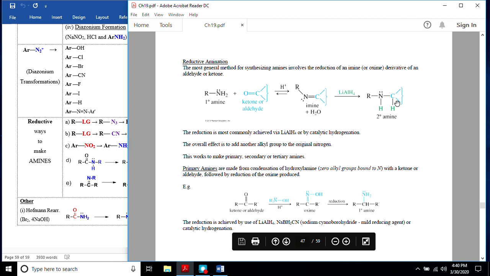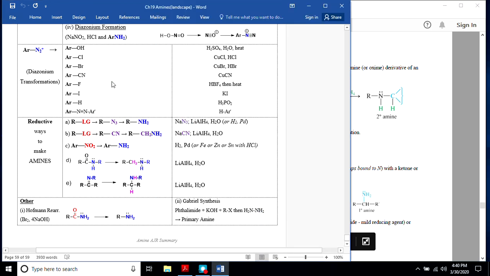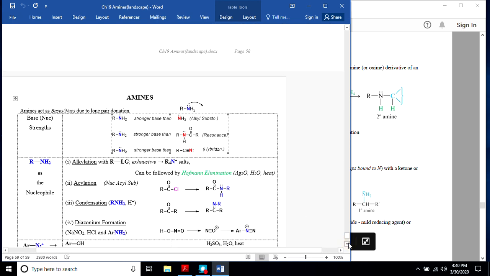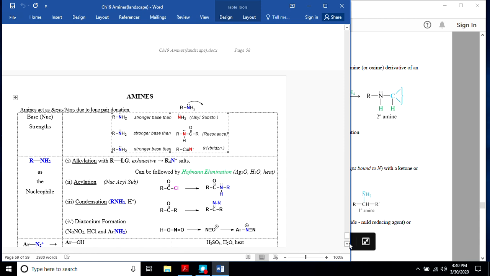So for example, this method that we're calling reductive amination, we're going to convert an amine as our starter material, react that to produce an imine, which we already talked about not only in the previous chapter but also earlier in this chapter, condensation chemistry.